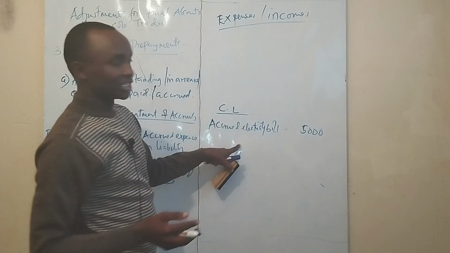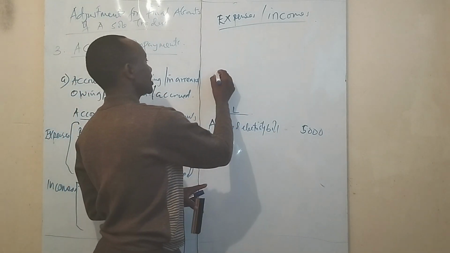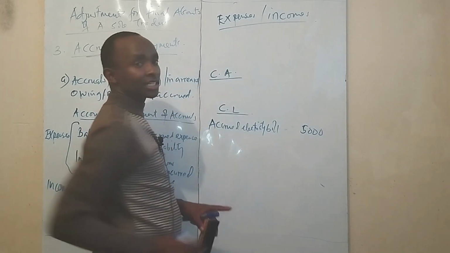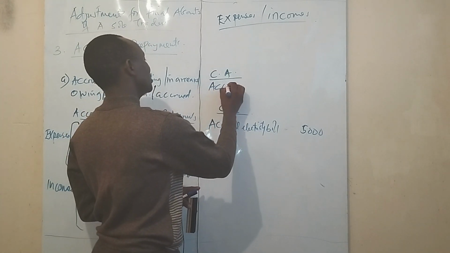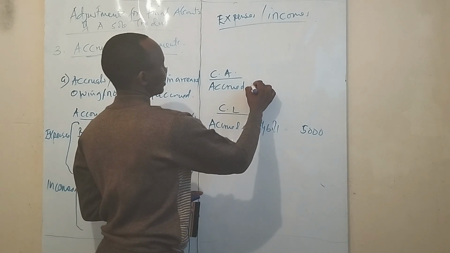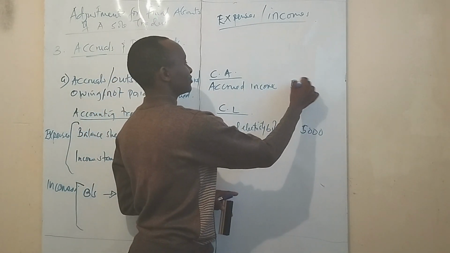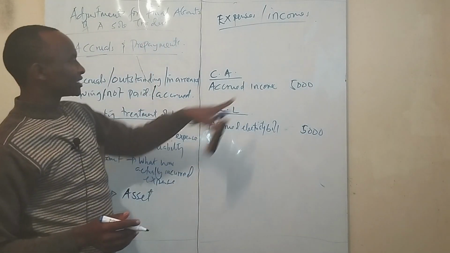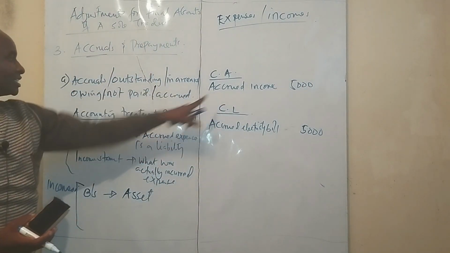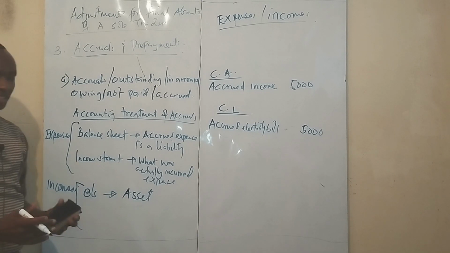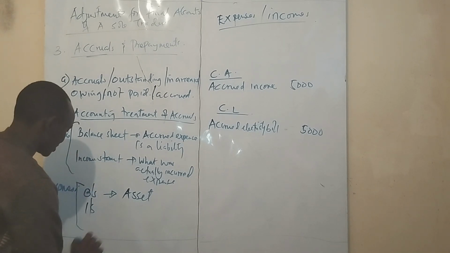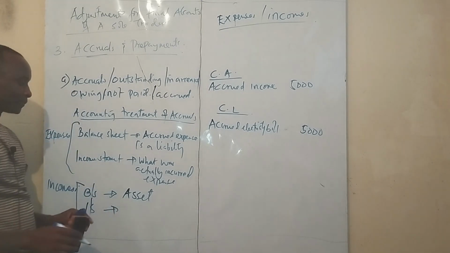So let's assume this is still our balance sheet extract. Under current assets, you will say accrued rental income, or let's say accrued income of maybe 5,000. That is how to do it. We have treated it in the balance sheet as an asset. And then we come to the income statement. What do you think will be done here?